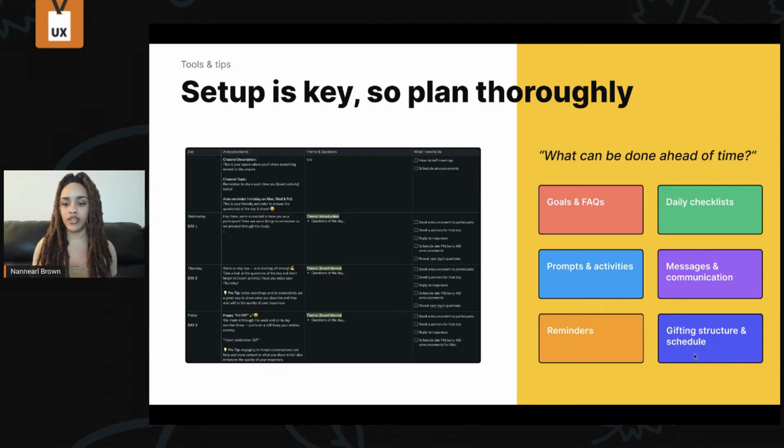So here on the right, there are just a few more examples of what we can do ahead of time. And there's definitely more in addition to this, but communication and messaging was something that I needed to do. So in addition to the announcements, the emails that I sent out, everything literally that I wrote out was written out beforehand so that I didn't have to do too much thinking there.